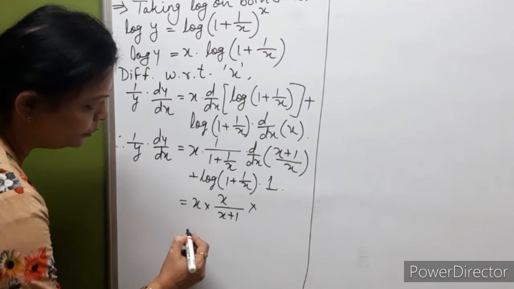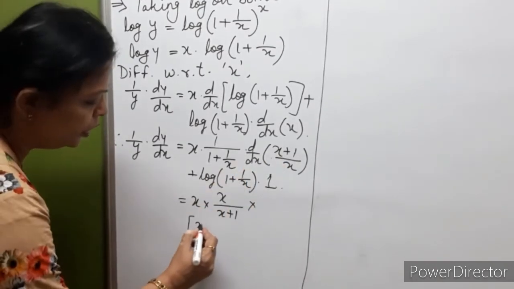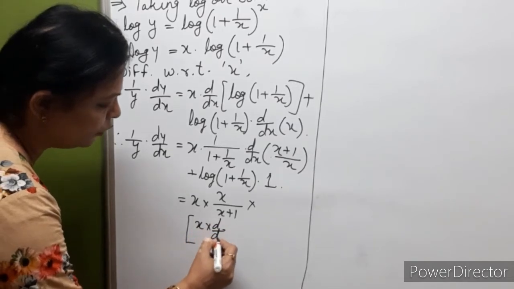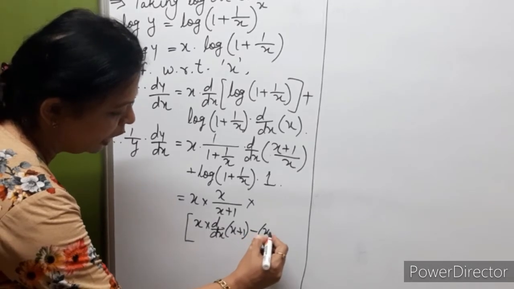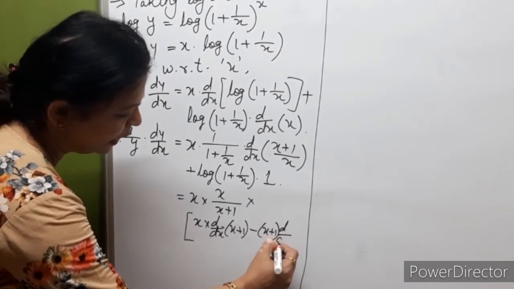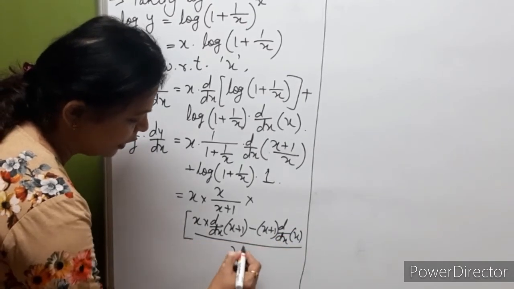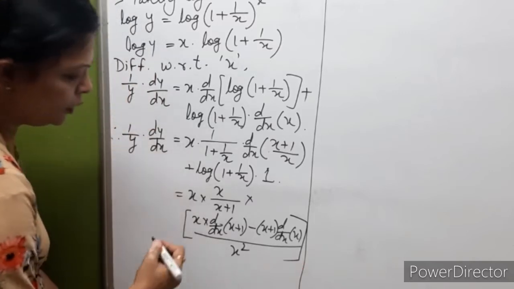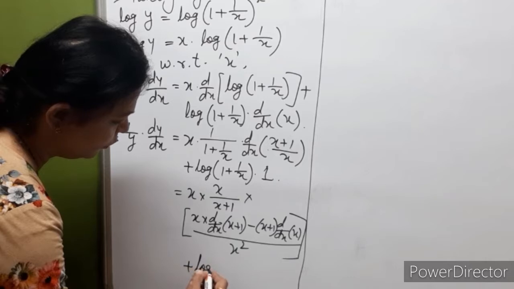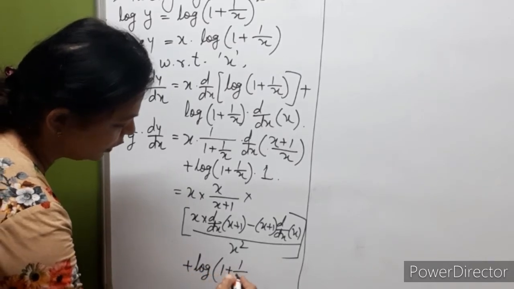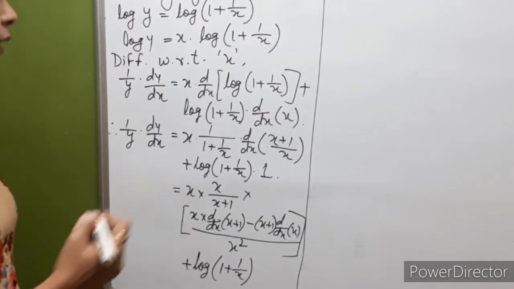Into, I will write here, x into d dx of (x plus 1) minus (x plus 1) into d dx of x, upon x square. Correct? Plus, this is a plus sign here, plus log of (1 plus 1 upon x). Correct? Now let us simplify this bracket.